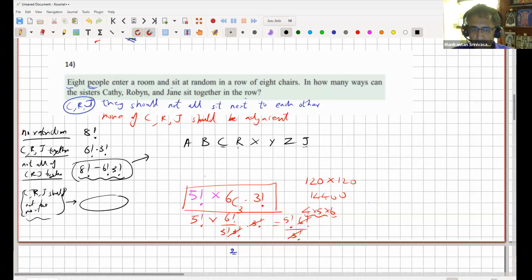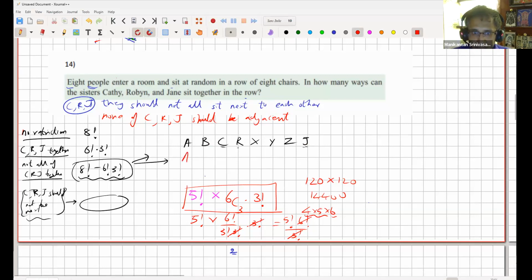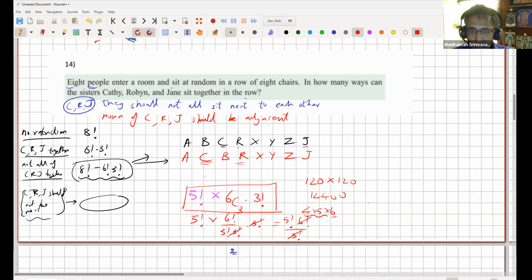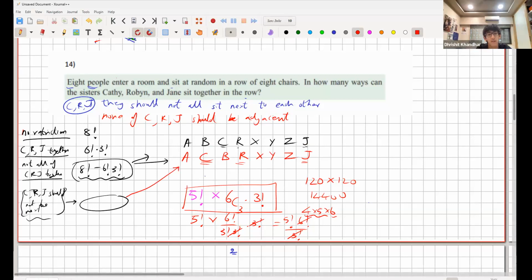They are not all sitting together. Another example for the same case is A, C, B, R, X, Y, Z, J. In this case, C, R, and J are not sitting next to each other at all. This is an example for this also, so both are examples for not all together. So that's included.